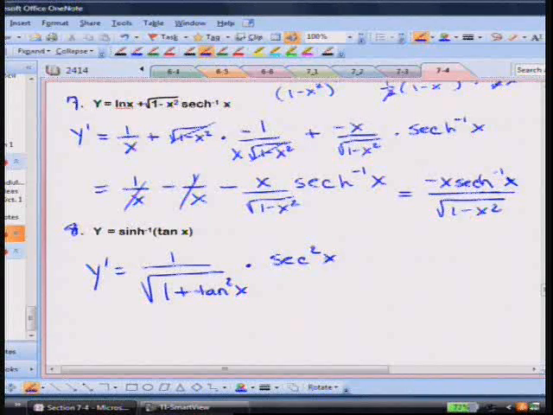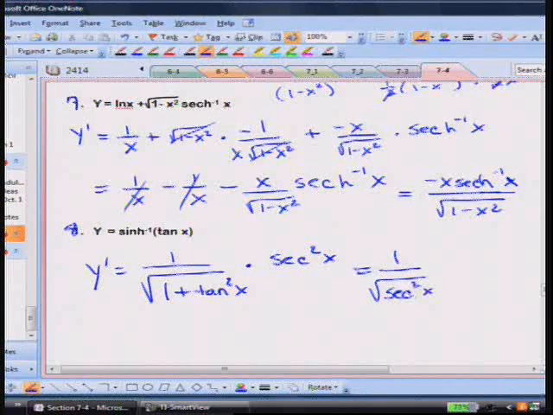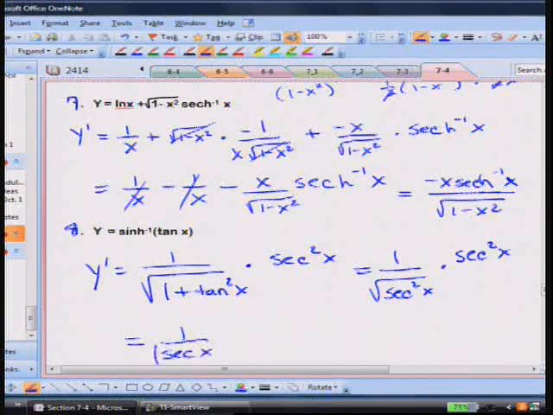Who remembers what 1 plus tangent squared x is? That's that Pythagorean identity. That's 1 over the square root of secant squared x times secant squared x. Now, when you take the square root of this, it has to be the absolute value of 1 over the secant of x times secant squared x.